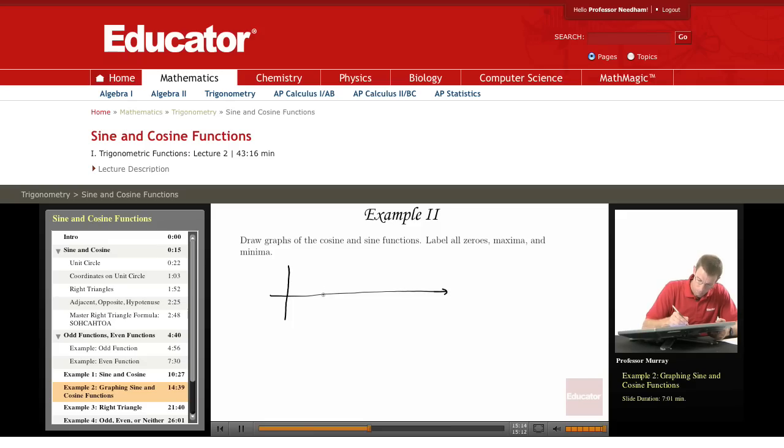So that's pi, that's 2 pi, that's pi over 2, and that's 3 pi over 2. That's 0, of course. The y-axis I'm going to label as 1 and -1.